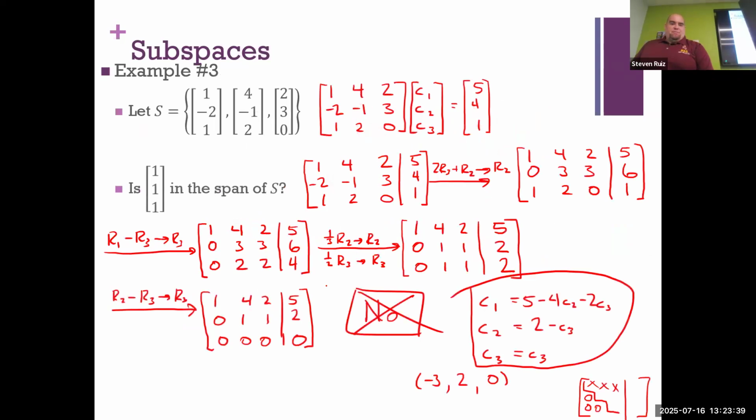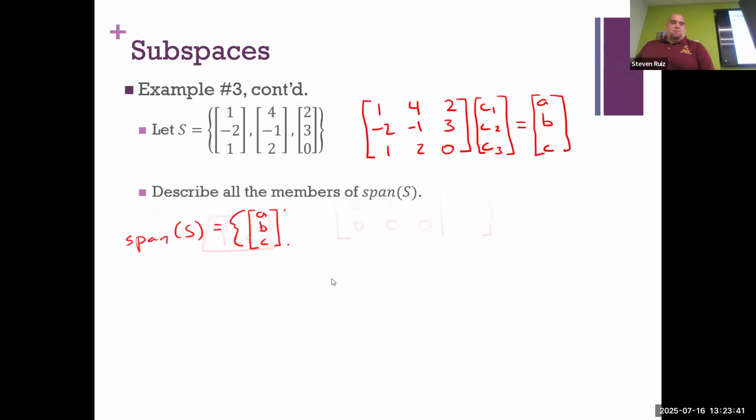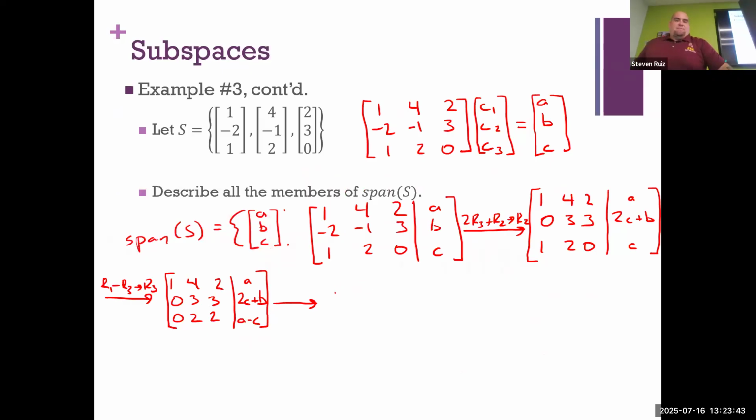And then what did I do? I got both the rows to look like ones. So I scale the middle row, or yeah, the second and third rows.